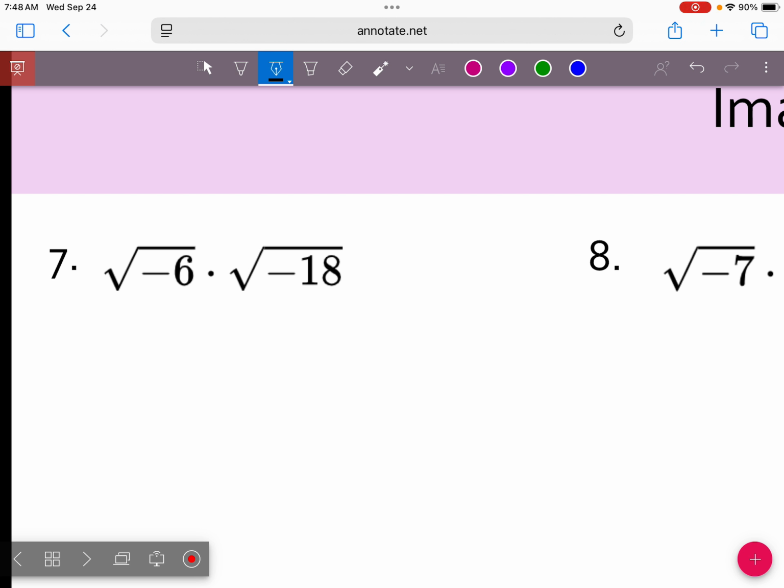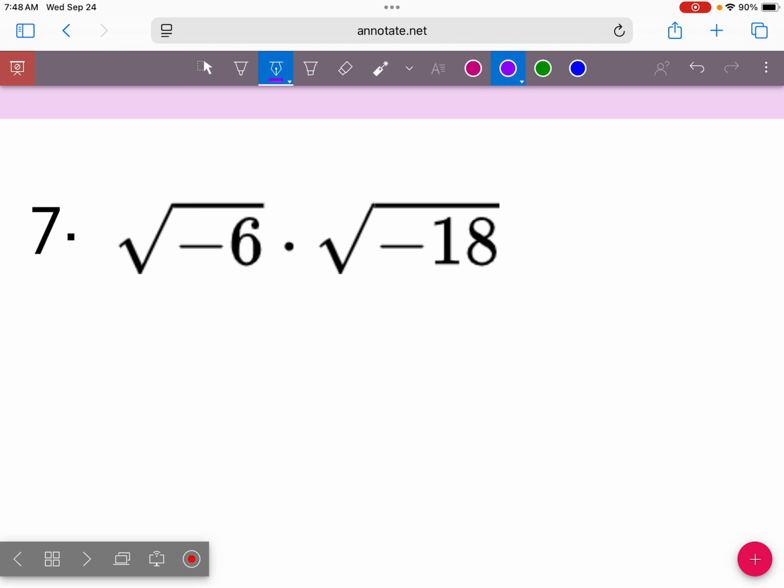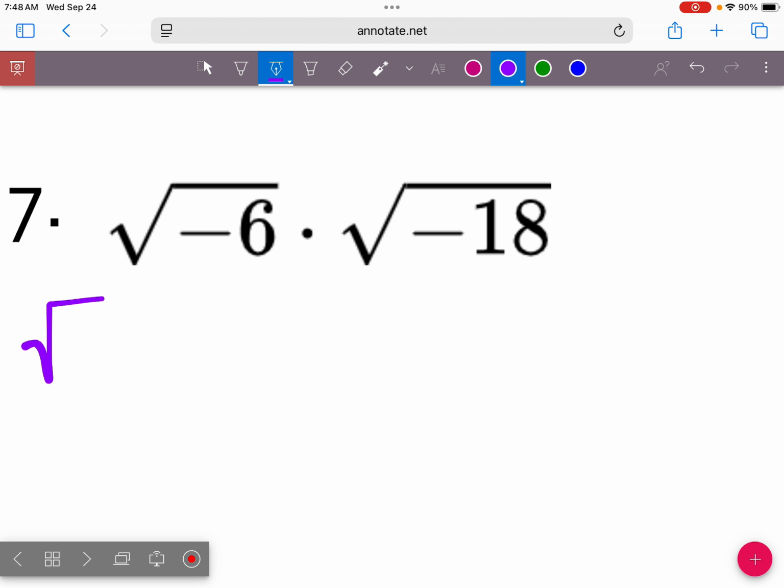All right. So let's look at number 7. Splitting it apart. I did this different though. Well, you could just do that the whole time. Let me see what you got. It looked like you were doing birthday cake. So there's lots of ways to do square roots.